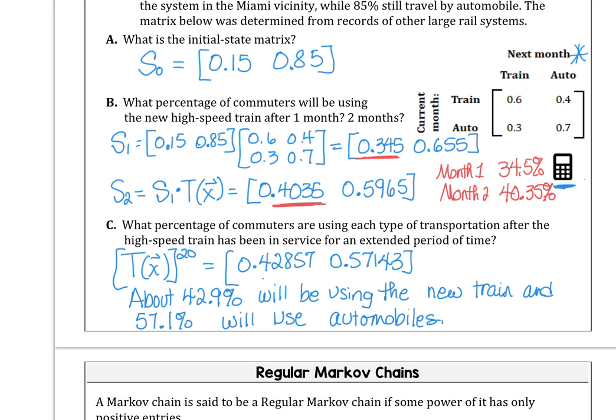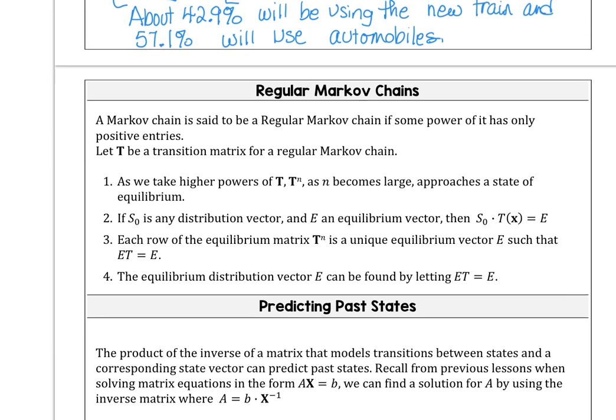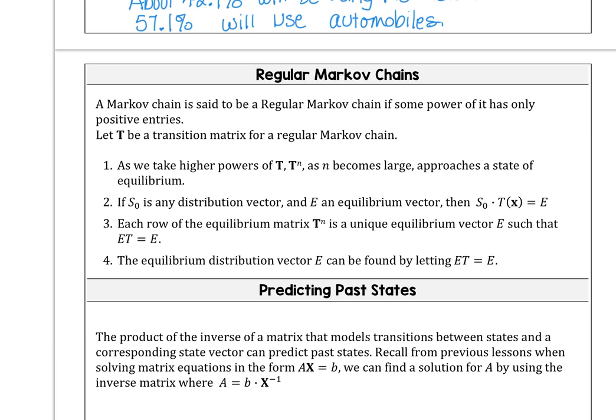And then example 8, well, first we have to talk about regular Markov chains again. I think we covered this, but let's just review. A Markov chain is said to be regular if some power of it has only positive entries. If we let T be that transition matrix for a regular chain, and we take higher powers of T, T sub n for T to the nth power, as n gets large, it approaches a state of equilibrium.